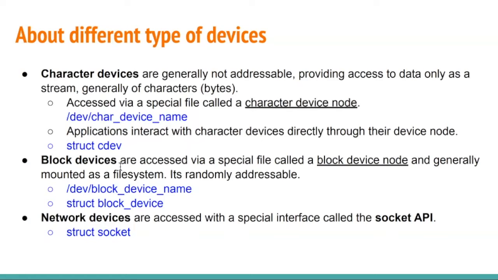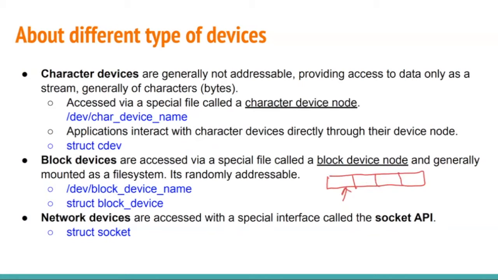Similarly to the character device, we have a block device node where we can read or write, but block devices are different from character devices in that in block devices we have blocks of bytes. That's why we say it is a block.